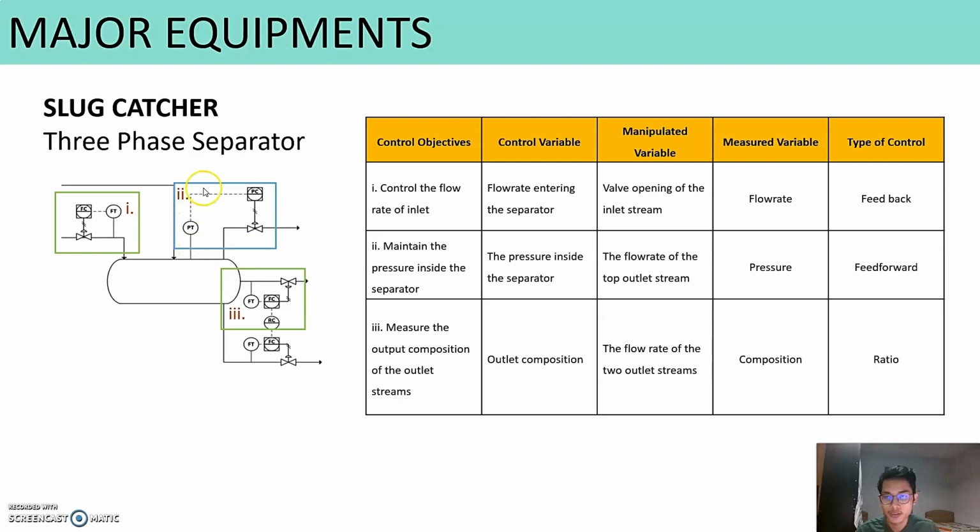This pressure controller is in feed forward, where the controller is controlling the gas flow rate coming out of the slug catcher. We also have a condensate and water outlet. For this, we have 2 feed forward flow controllers connected to the ratio controller, where this ratio controller is controlling the composition of the outlet.